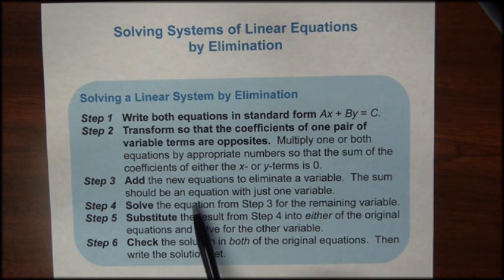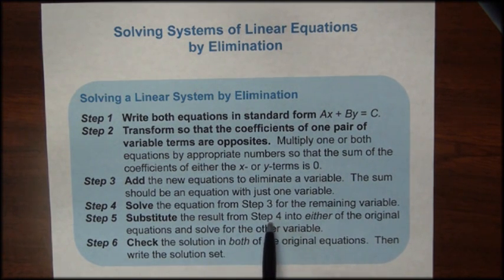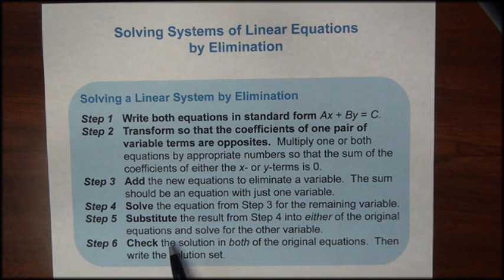The sum should be an equation with just one variable. The fourth step is we'll solve the equation from step 3 for the remaining variable. Step 5, we'll substitute that newfound result from step 4 into either of the original equations and solve for the other variable. And the sixth step is to check your solution.